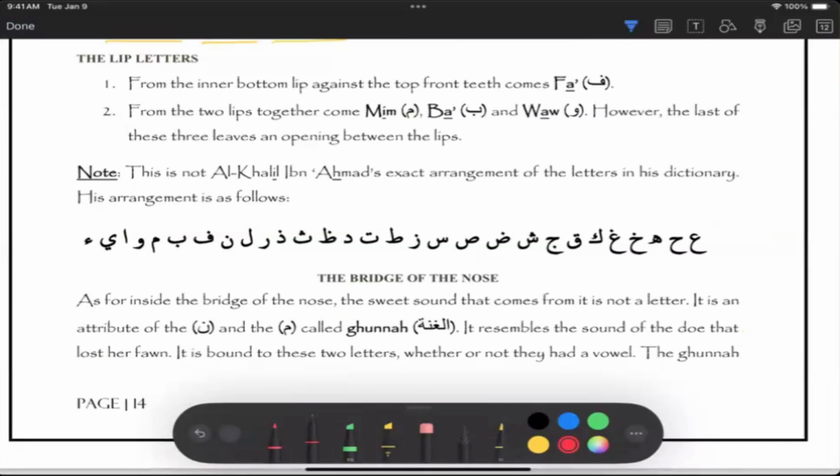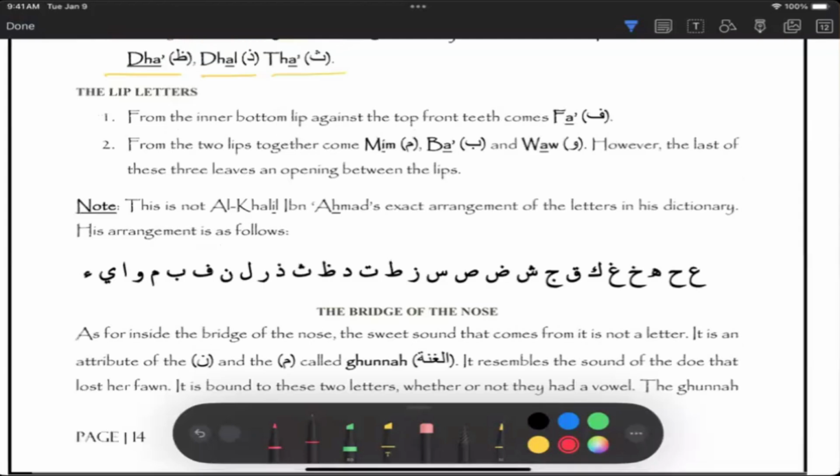However, the last of these 3 leaves an opening between the lips. Meem and ba, the lips are sealed. The lips are sealed for meem and ba. And ba is the harder one between meem and ba.